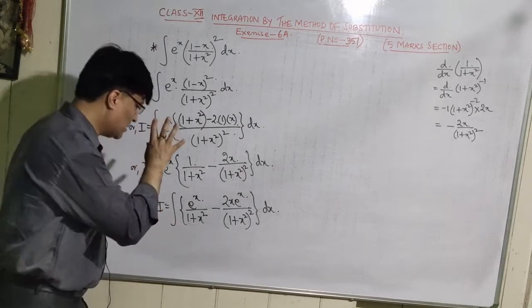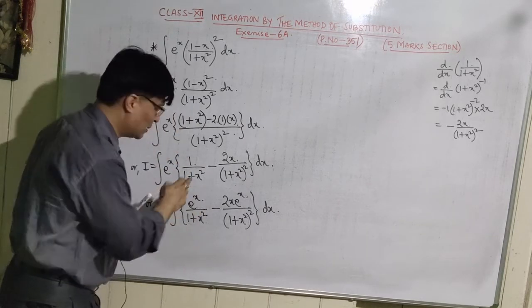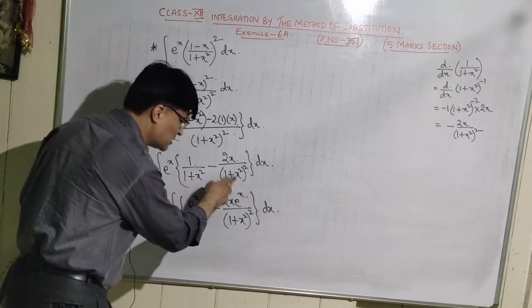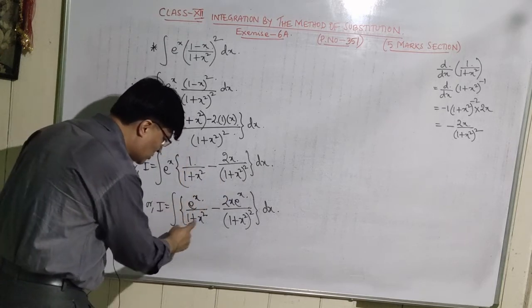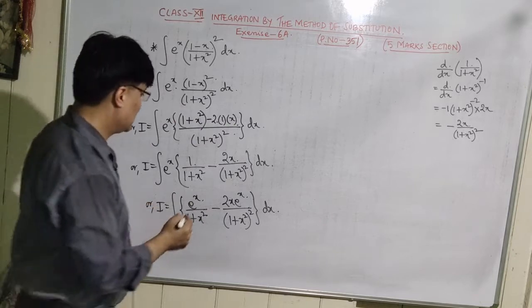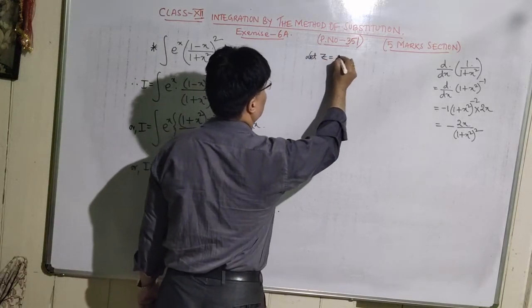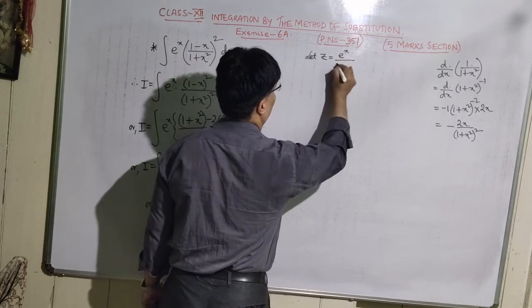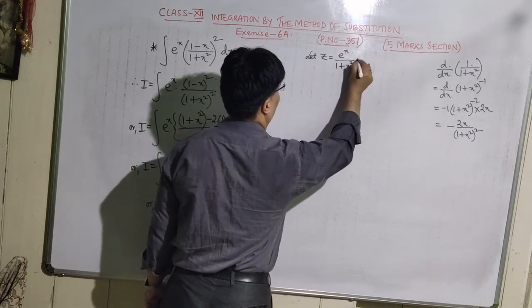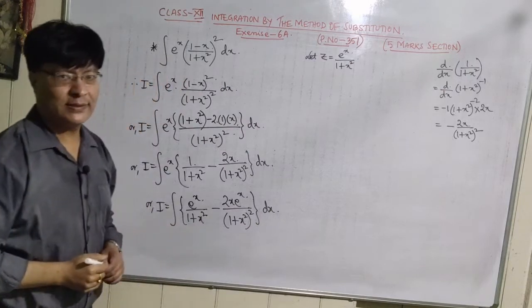Okay, now let us assume this first term as z, because differentiation of the first function is the second function. So let us assume this first function as z. So let z is equal to e to the power x upon 1 plus x square, right?